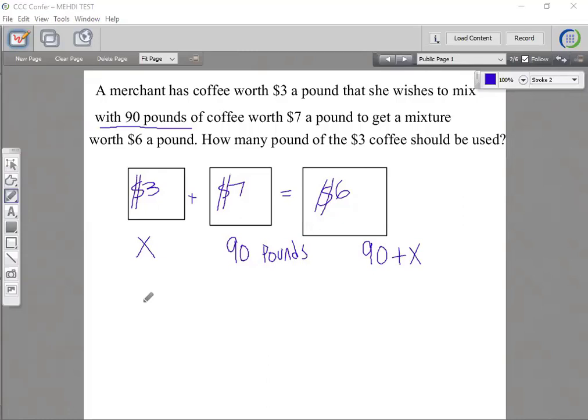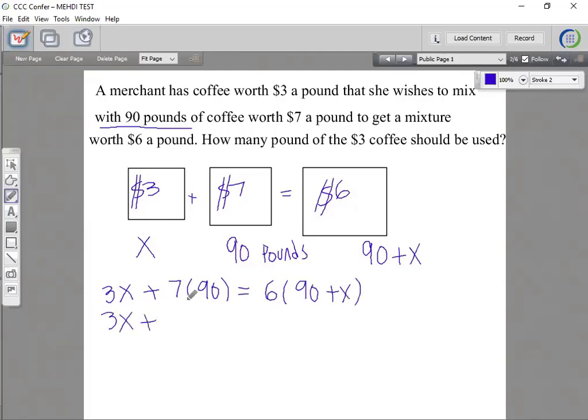All right, now we are done with half of the problem already. So amount times the strength, or in this case, amount times how much each pound is worth. So it would be 3 times X plus 7 times 90 must be equal to 6 times 90 plus X. This is my equation. So let's go ahead and solve this.